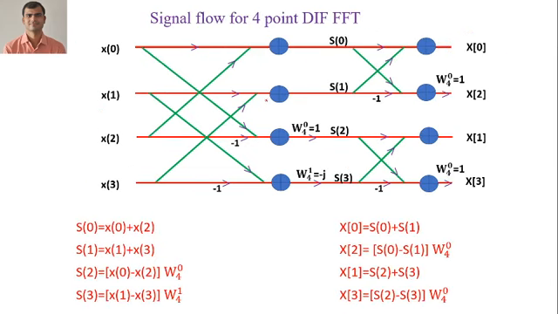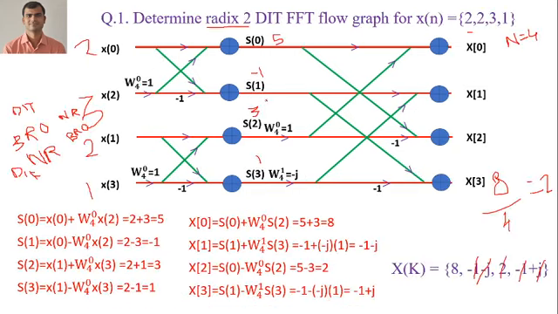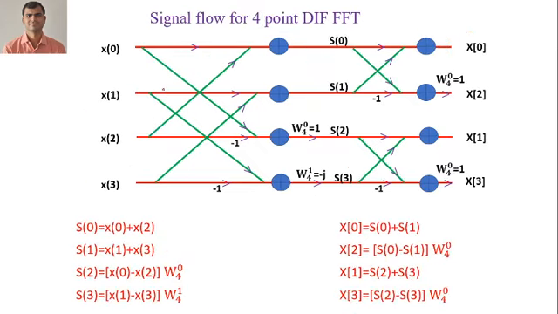Now DIF and DIT are mirror images. DIF is nothing but the mirror image of the DIT FFT algorithm. As you can see, this part is shifted here, and this part is shifted here. So the DIF algorithm is known as the mirror image of the DIT FFT algorithm.